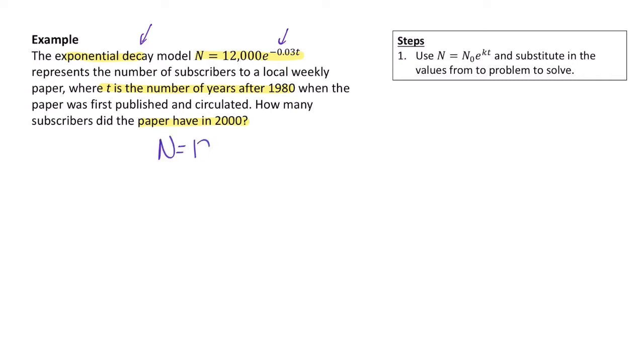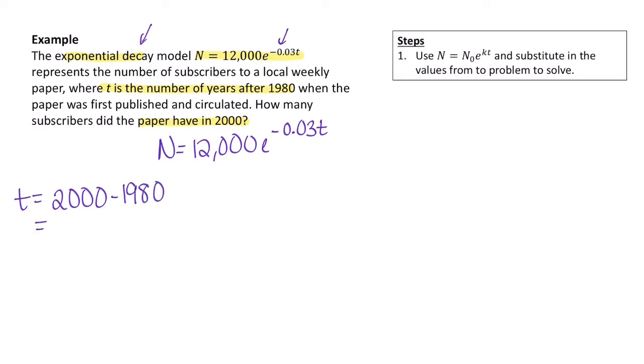So let's write out this formula. We have N equals 12,000 e to the negative 0.03t. All we need to know now is t. T is the number of years since 1980, so we take 2000 and subtract 1980, because that's how we'll know how many years it's been since then. 2000 minus 1980 is 20.